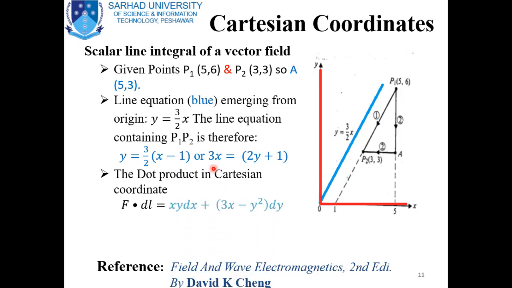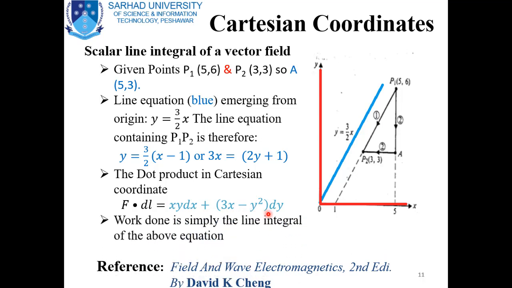So the dot product F dot dl in the Cartesian coordinates, and we write the dl, the length element in the plane, which is dx ax plus dy ay. When it is multiplied with the force in dot operation, our final result will be xy dx plus (3x minus y square) dy, and the work done is simply the line integral of the above equation.